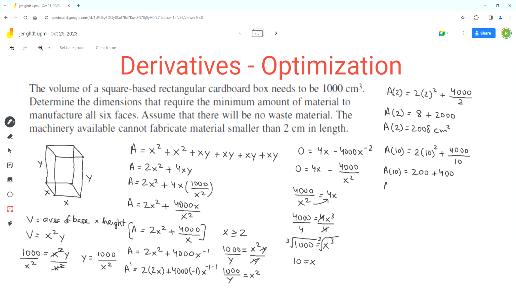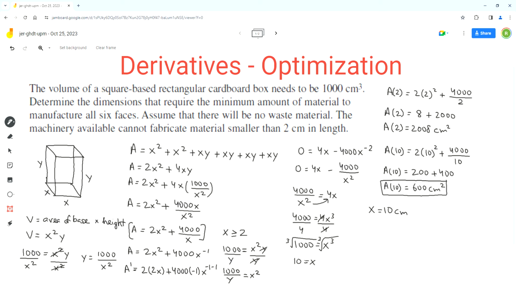So A at 10 will be equal to 600 centimeters squared. Now we have to find the dimensions that will minimize the amount of material, and we got the lower area for x equals 10. So that means our final answer should be x equals 10 centimeters.